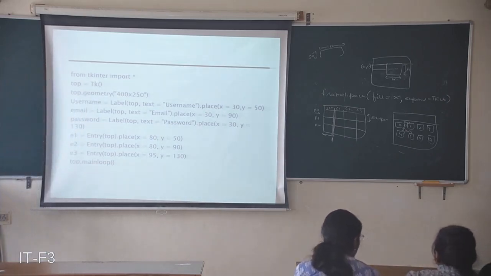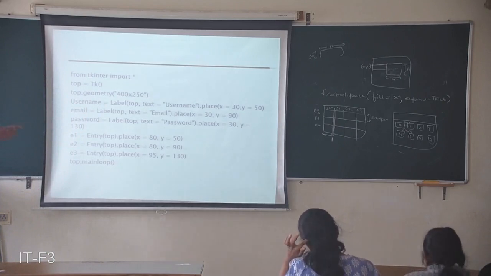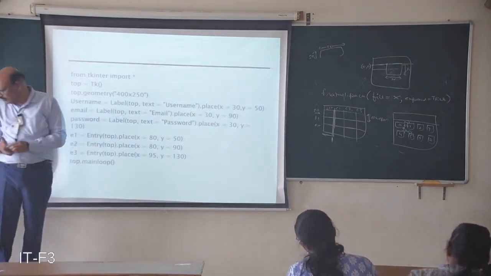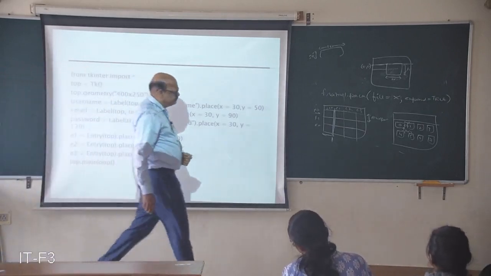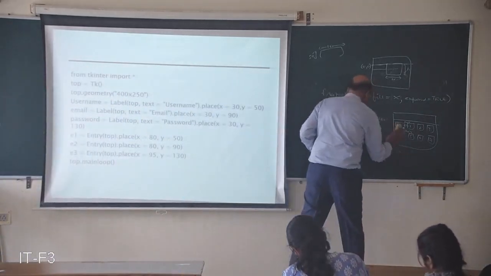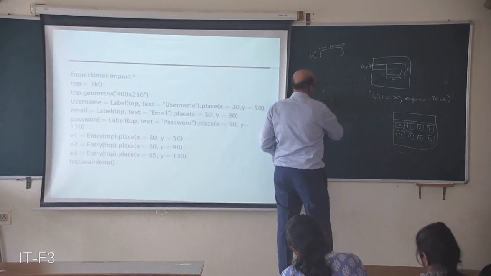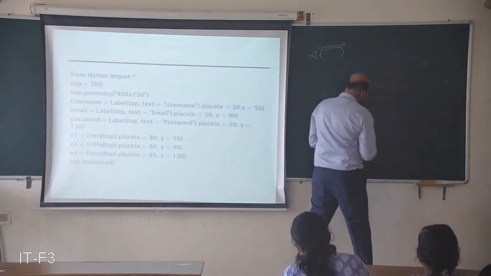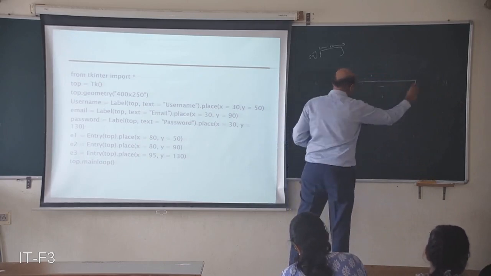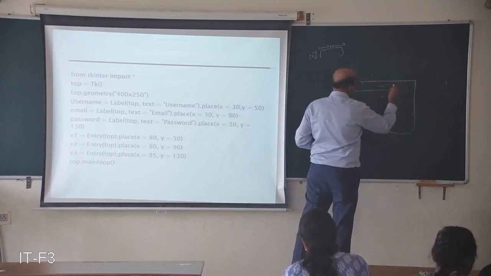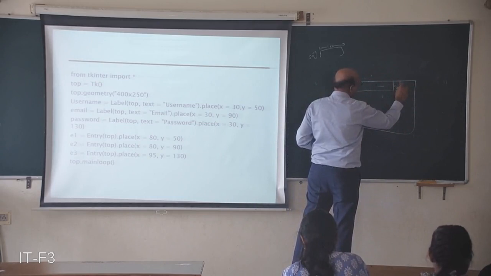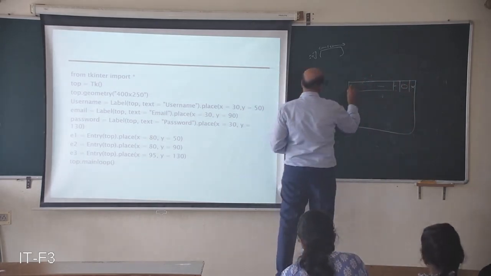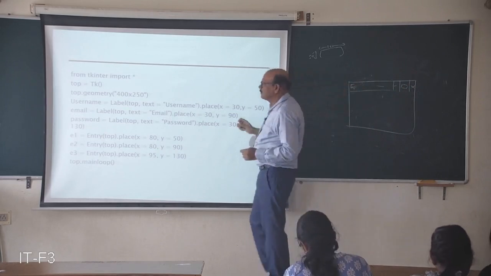Now if you want to set the size for your window, you can use a predefined method called geometry. What is this 400, 250? We are creating a window, let us call it top.